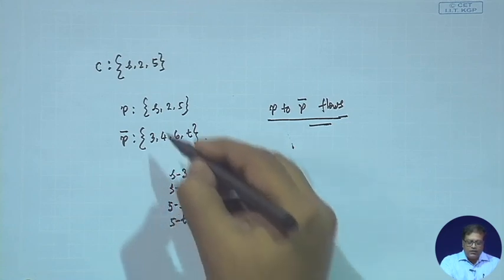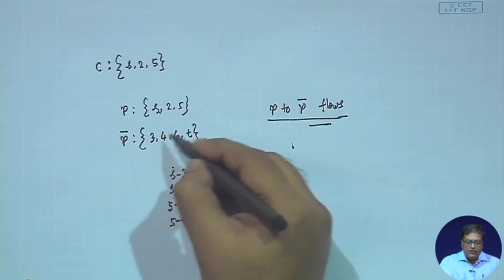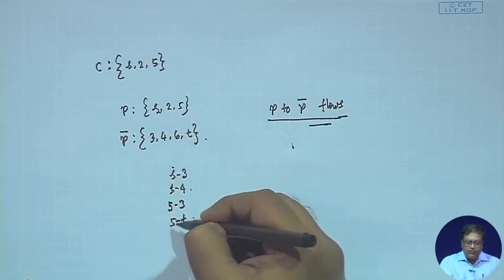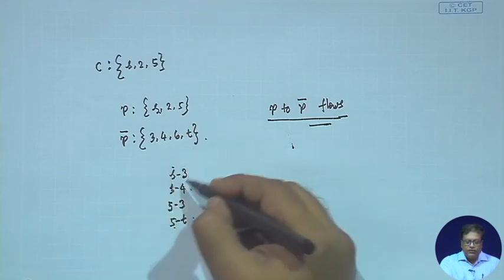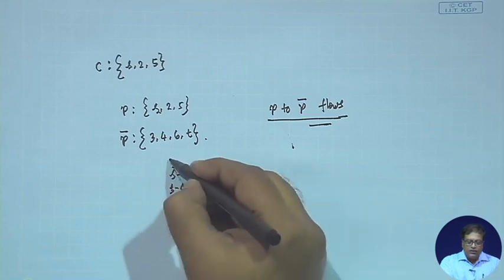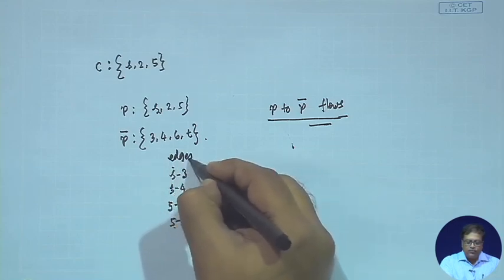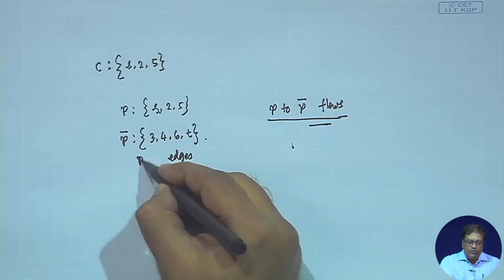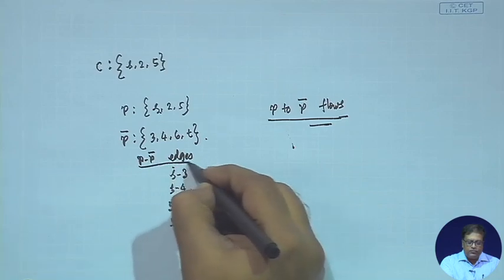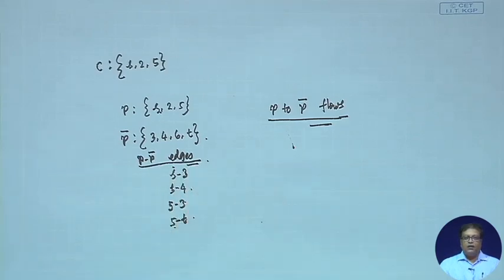Look here, S, S, 5, 5 to 3, 4, 6, T on the other side. So, these are edges, you can call them P to P bar edges.